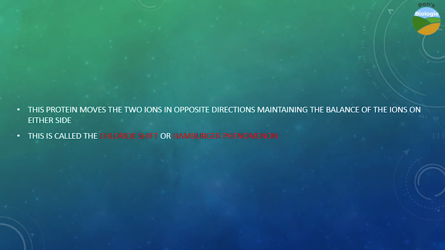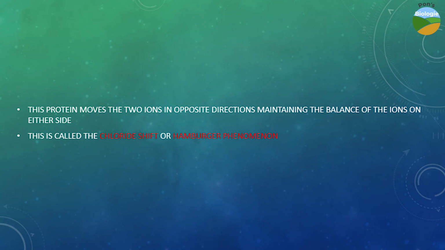In this slide, when carbon dioxide moves freely in the blood in the form of bicarbonate ions, you can see the reaction. Carbon dioxide combines with water to form carbonic acid in the presence of the enzyme carbonic anhydrase in blood.